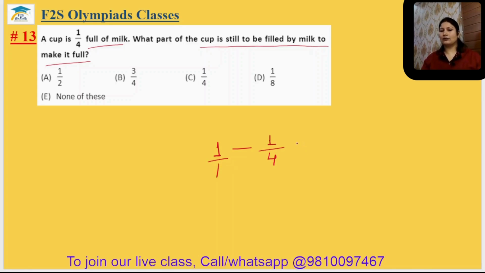It does not have the denominator, so we can write 4/4 minus 1/4. This is 3/4. 4 part में 1 part filled है, तो 3 part ही तो खाली होगा. तो that empty part we have to fill to make the cup full. ठीक है? That is option B. The 13th answer will be option B.